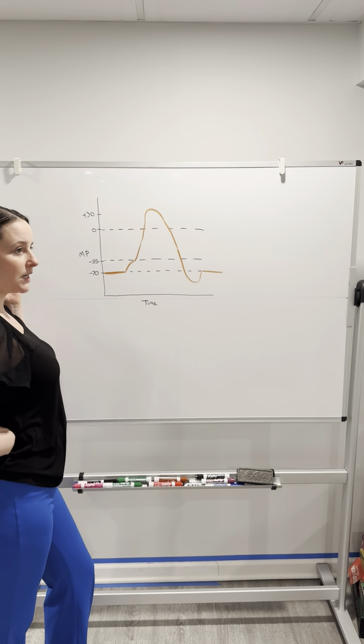Now our relative refractory period is where if we just get a normal strength signal that caused this action potential, for example, it won't cause another action potential. We would need a much stronger signal to overcome our relative refractory period, okay? And that's from here, at our positive 30, back until we get to our resting membrane potential.